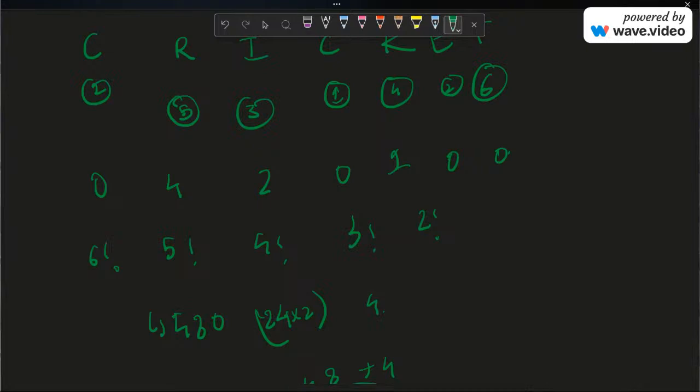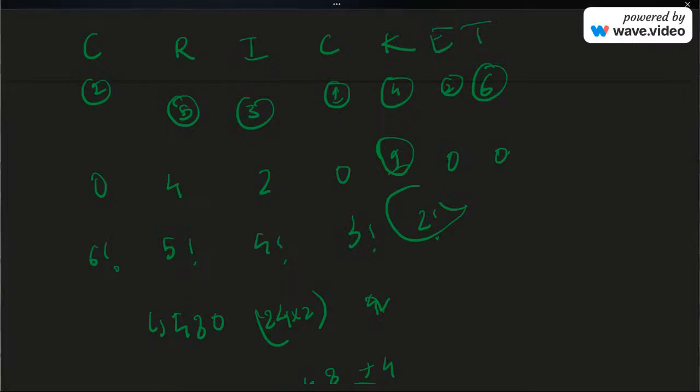Now 1 into 2 factorial. 2 factorial is 2.